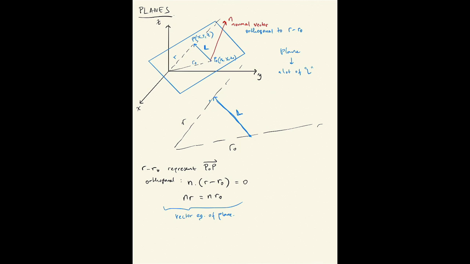There will be at least three components to draw or observe a plane. You have the normal vector, orthogonal, the dot product, cos 90, because this is 90 degrees.